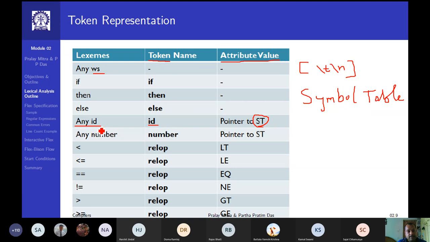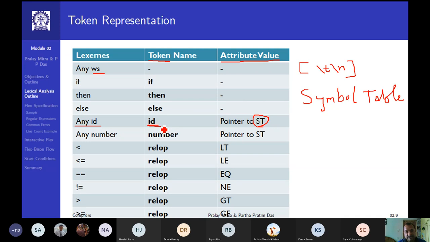Corresponding to the occurrence of any identifier, it will be stored in the symbol table, and then there will be an address. That pointer or address is actually the attribute value corresponding to that ID. That way they will be different.